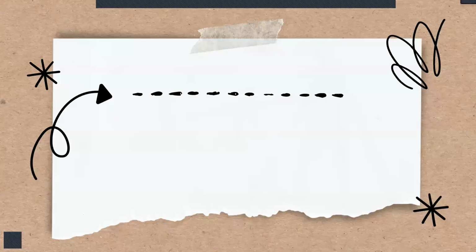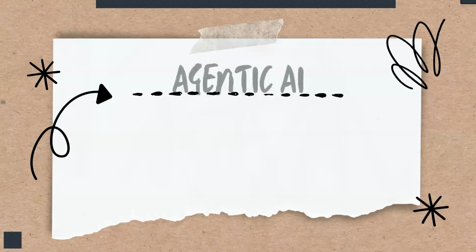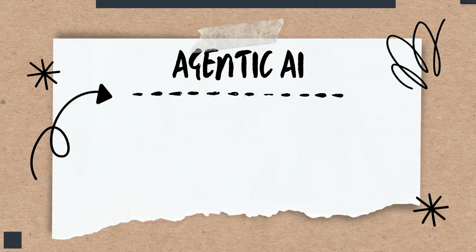So, in simple words, how do I describe Agentic AI? This is a system that acts like an agent. As the name itself specifies, it is going to act like an agent. It means that they are not going to just answer the question, or wait for the instruction like ChatGPT.